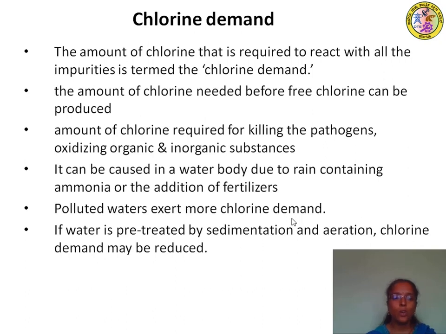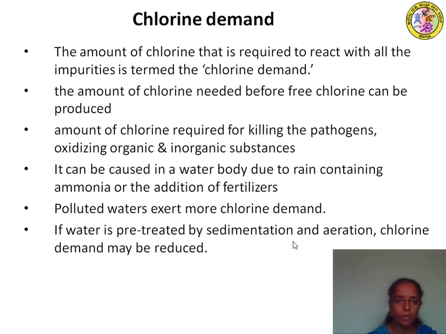Therefore, to reduce the chlorine demand, the water has to be pre-treated. If you follow sedimentation or aeration, then chlorine demand can be brought down, because some of the impurities, organic or inorganic, will be taken off by the sedimentation process.